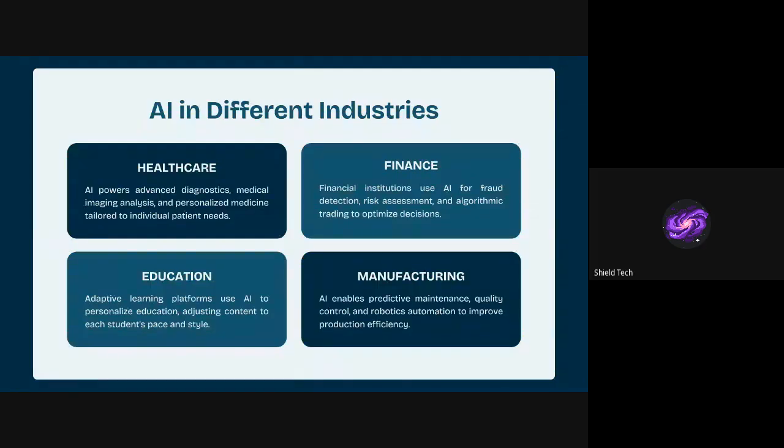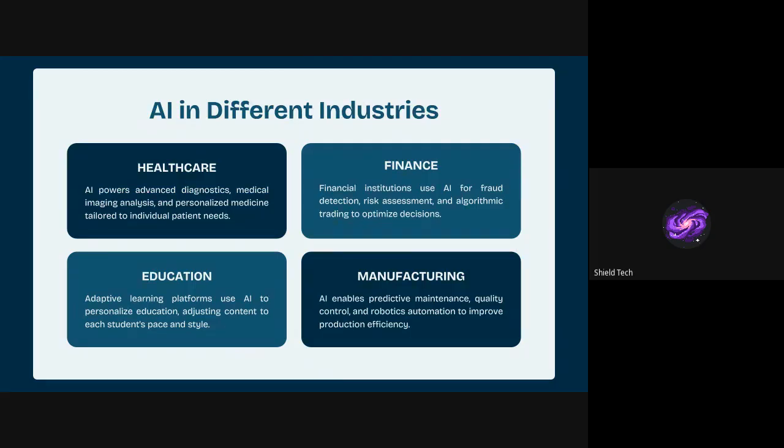Now, manufacturing. AI enables predictive maintenance, quality control, and robotic automation to improve production. I don't know much about aviation, but they perform maintenance checks, maybe after a flight is grounded or before taking off.